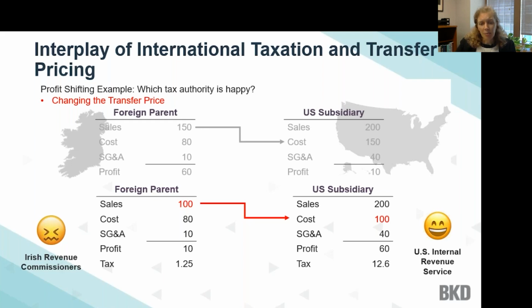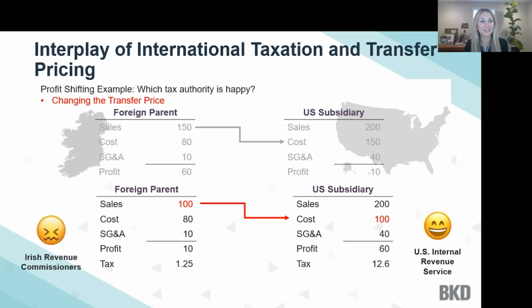This changes the profitability of each entity, and therefore the Irish Revenue Commissioner is only getting $1.25 of tax, whereas the IRS is really winning because it went from $2.1 of tax to $12.6 of tax. So you can see it definitely has the happy emoji going on.